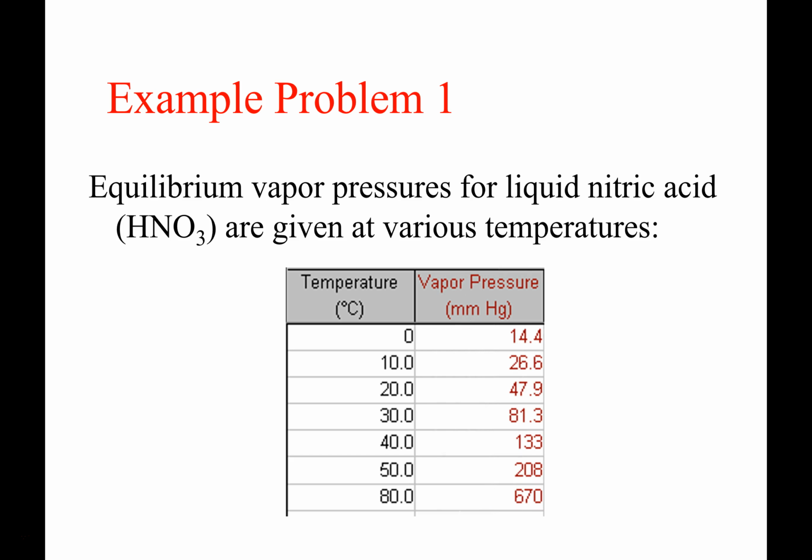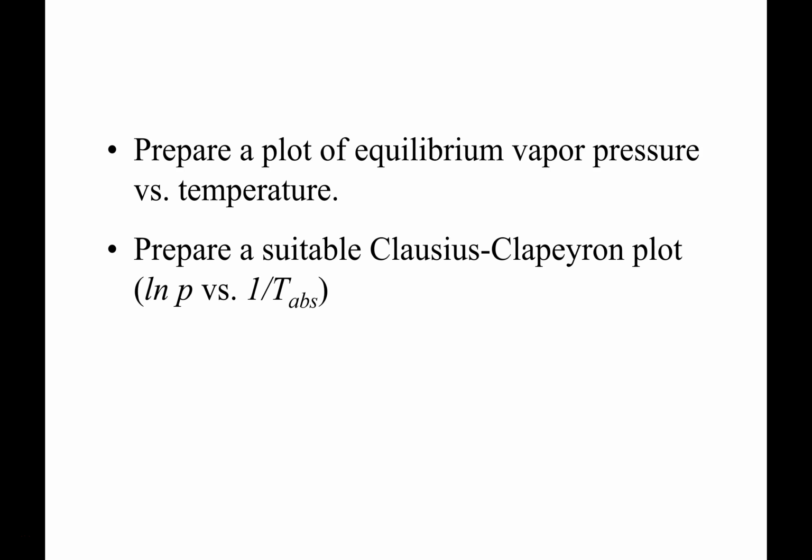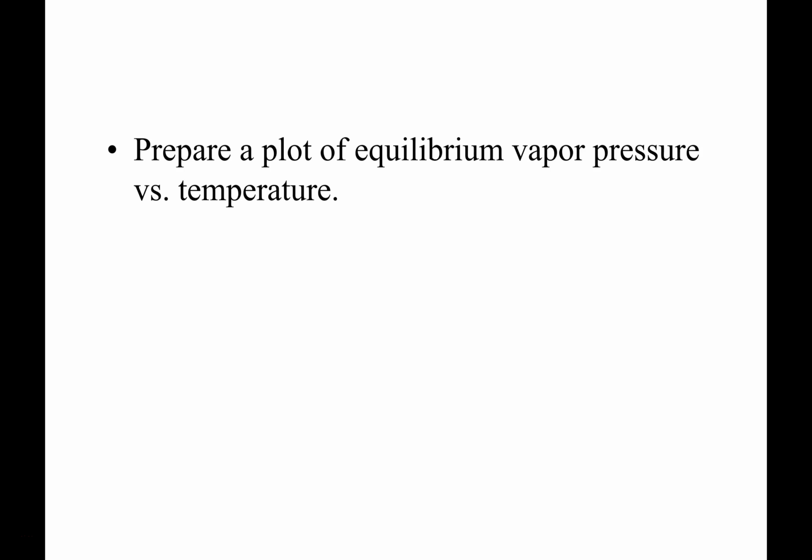Increasing temperature, increasing equilibrium vapor pressures. So here they are in millimeters of mercury. Okay, so actually, I think you're going to see this plotted. Now, when I plot this, is this a Clausius-Clapeyron plot? No. Okay. So I'm going to take that raw data, and I am going to prepare a plot just of equilibrium vapor pressure, not natural log, and not the reciprocal of the temperature, just the temperature, and you're going to see kind of this nice exponential curve.